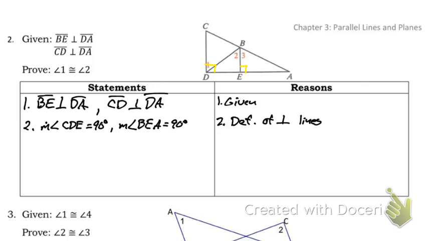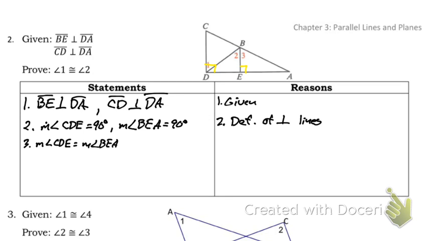Well, I picked those two specifically because what kind of angles are they in reference to each other? They're corresponding angles. And we have that postulate that says if corresponding angles are congruent, then they must be parallel, right? So my next step would actually be to say that the measure of angle CDE equals the measure of angle BEA.